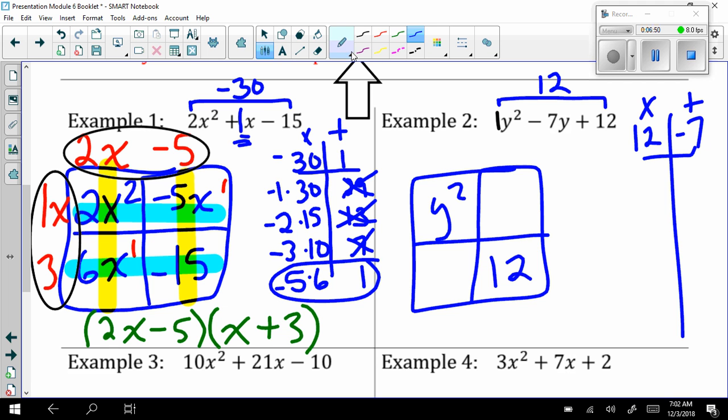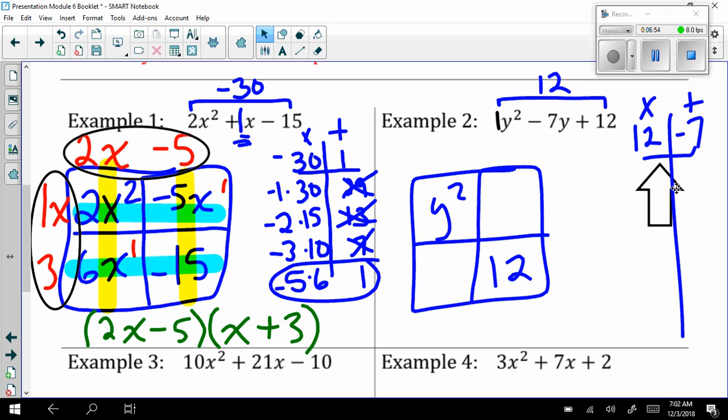So let's make sure we understand where this little chart is coming from. It's that step 2. Multiplying first times last is 12. And I want to add to the middle, which is negative 7. Remember, when you put it in the box, you're going to put a y with it. But to pick our numbers, here's what I'm going to do. If you see which 2 it is already, that's fine.